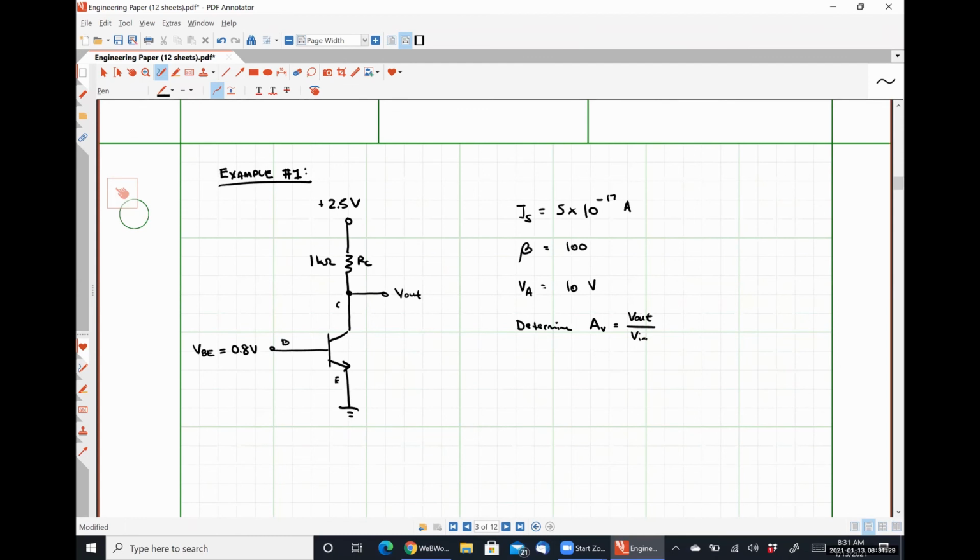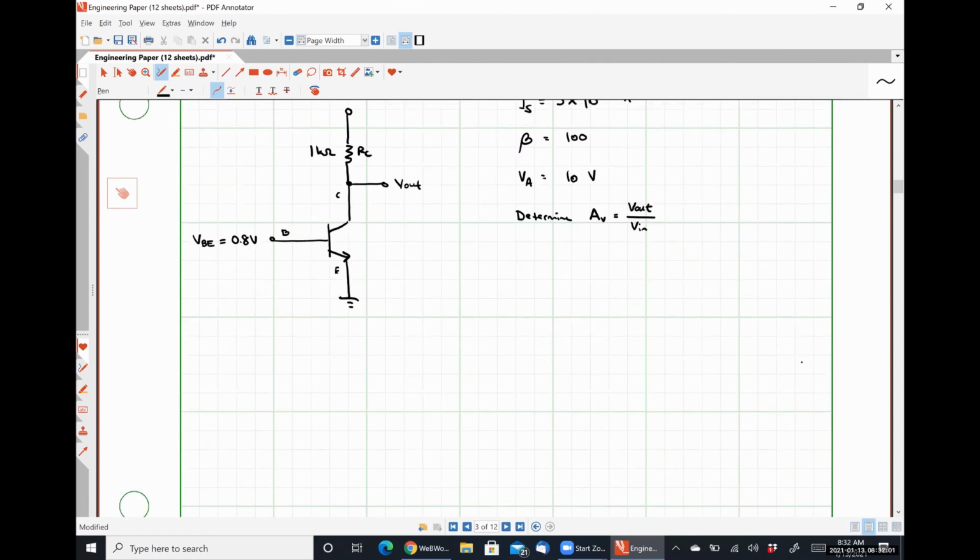For instance, the transconductance depends on the large signal value of IC, and the resistance r_o also depends on the large signal value of the collector current. So just because we're looking for the small signal voltage doesn't mean we don't have to do the large signal analysis to determine the quiescent or operating point of our system.